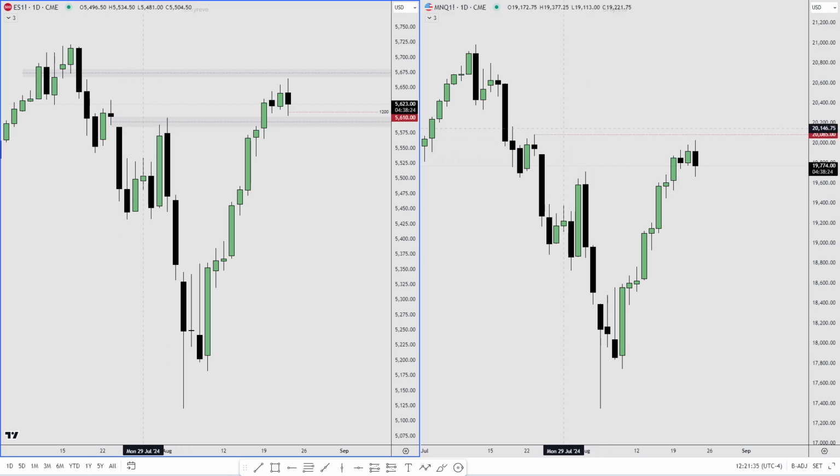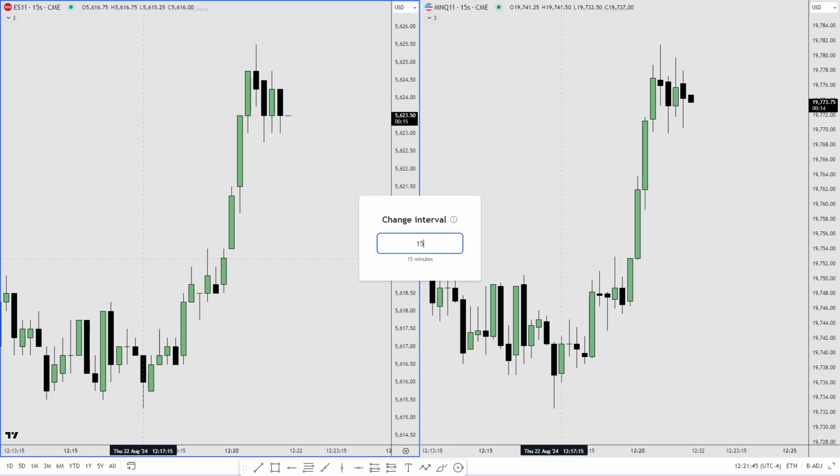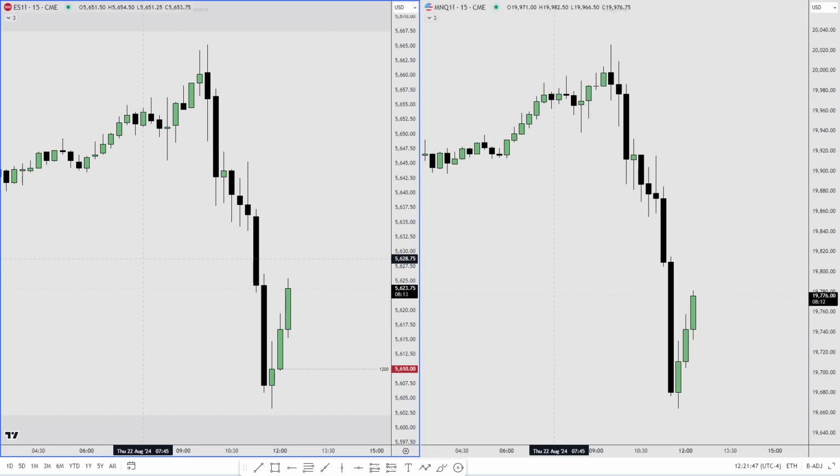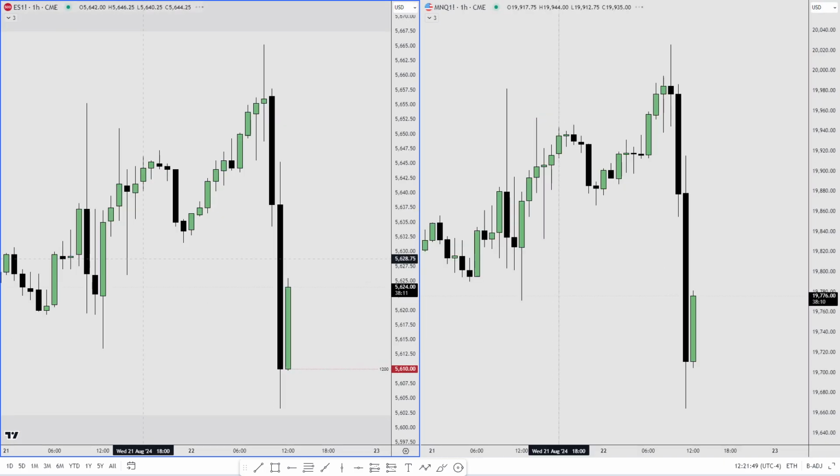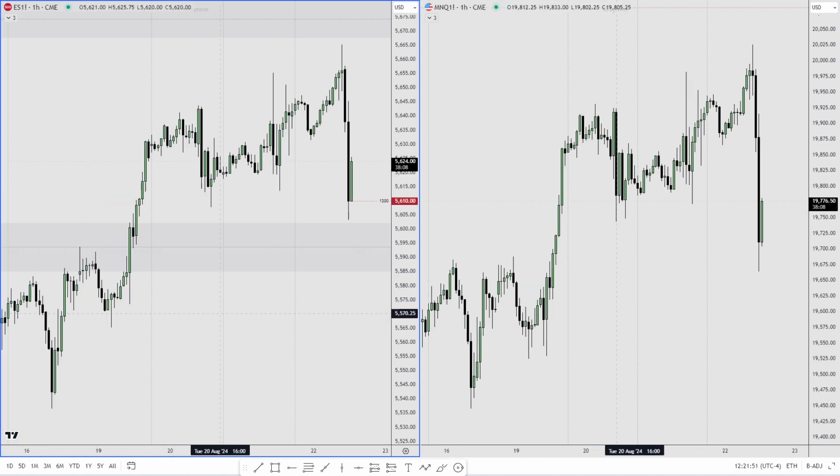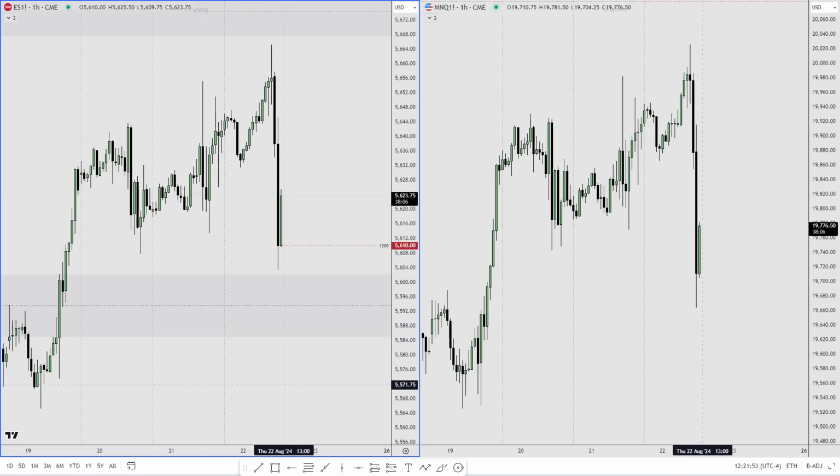I mean, well, let's see. I'm not trying to flip bullish or what. I'm just trying to understand the situation here. Can we flip bullish? Yes, of course we can.